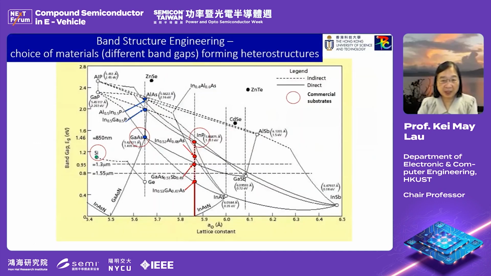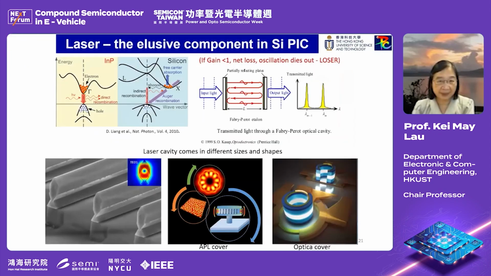So the next topic that I'm going to talk about is this conventional III-V, gallium arsenide and indium phosphide, on silicon, involving band structure engineering, and how you use this technology to put active devices on silicon.